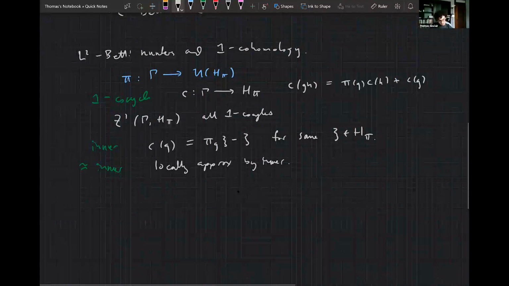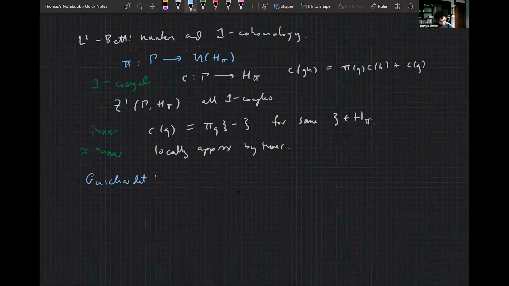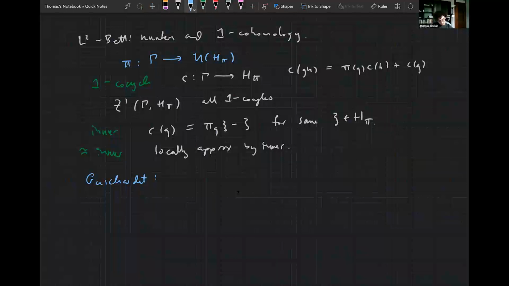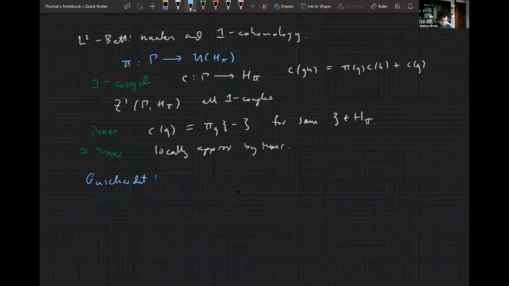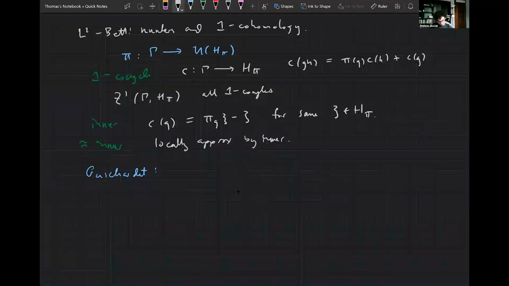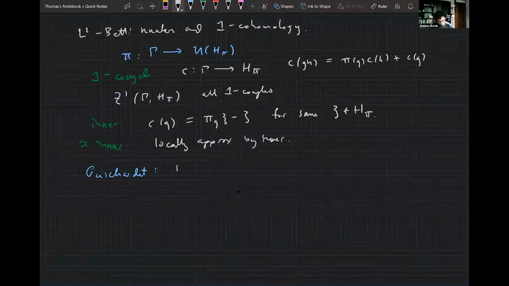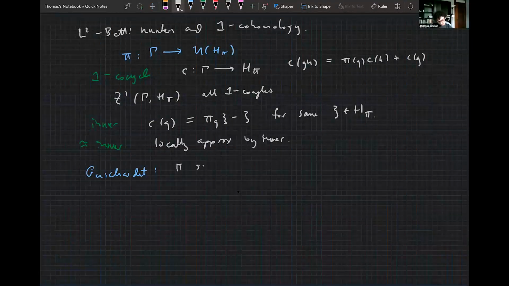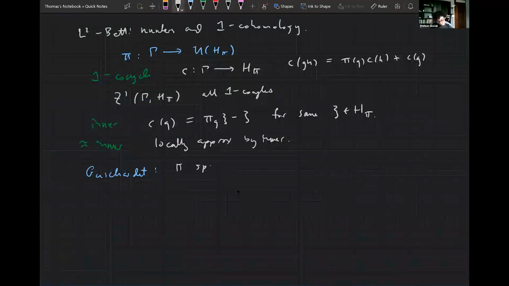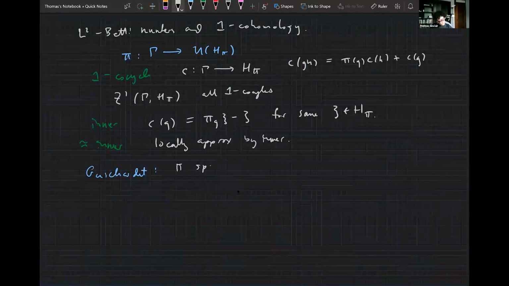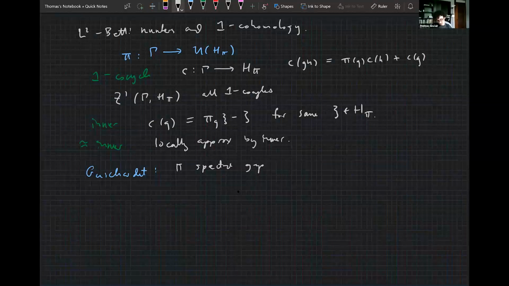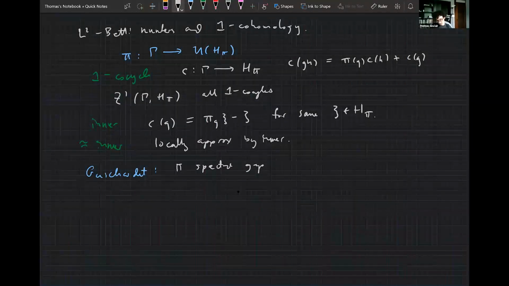This is a very useful and remarkable fact: these approximately inner cocycles are the closure, in the correct topology, of the inner ones. And so if this representation has spectral gap, which for the left regular is just going to be where gamma is not amenable.